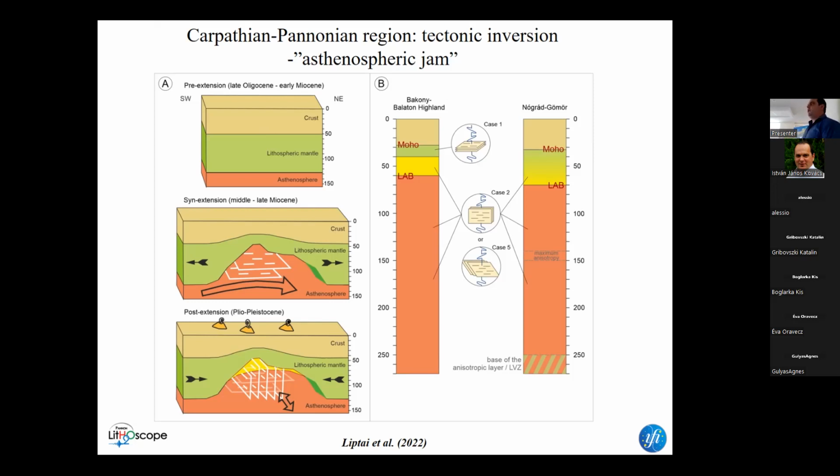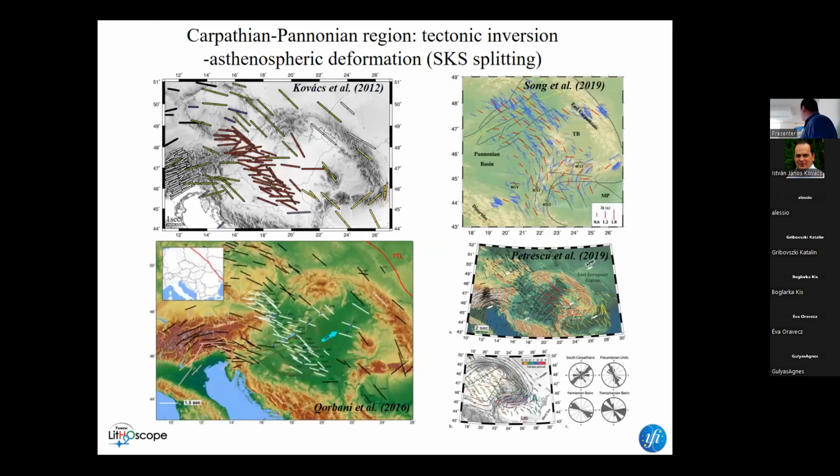Its thickness is almost 200 kilometers. So you can imagine easily, if you have any asthenospheric flow which has a component towards the European plate, it will simply be taken up by the European plate itself, and it will automatically create such a texture in the asthenosphere. And this is exactly what we see if you look at these images.